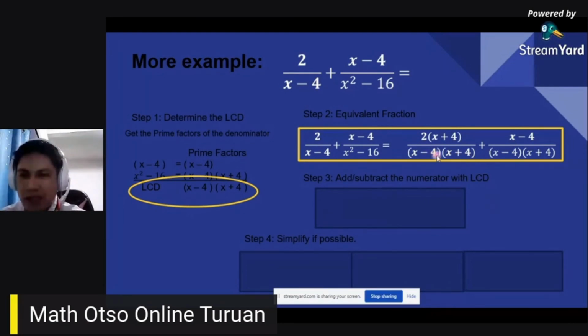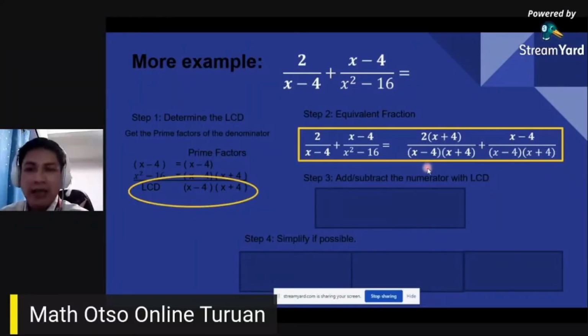This is the LCD. Divided by x minus 4. So, makakancel ngayon si x minus 4. May natirang x plus 4. Okay? X plus 4 times sa numerator na 2. So, eto ngayon ang kinalabasan niya. Ang numerator na natin ay 2 times x plus 4 all over the LCD.